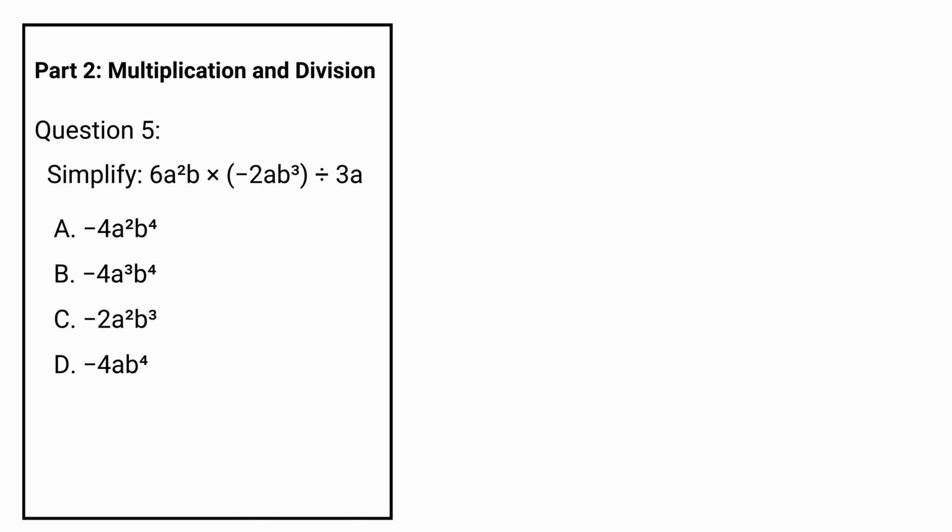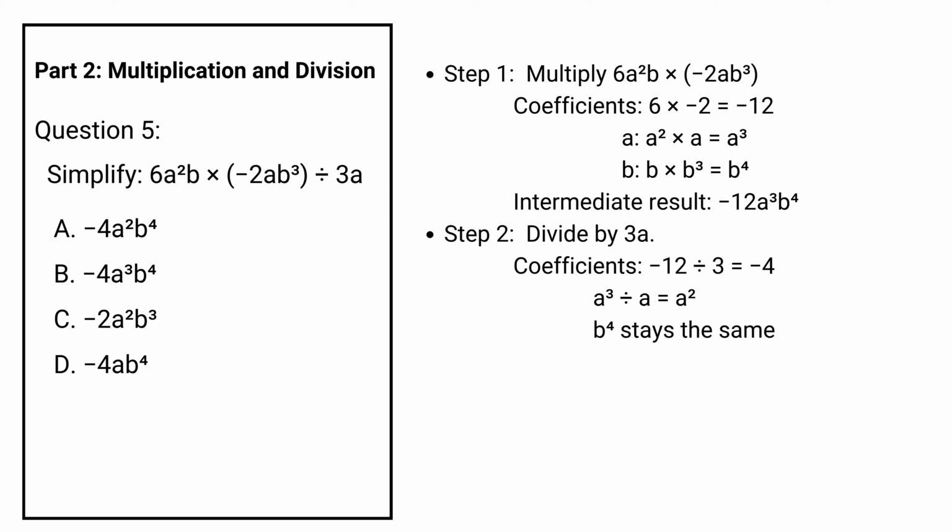Now let's mix multiplication and division. Simplify this one. 6a squared b times negative 2ab cubed, and then divide by 3a. First, multiply. 6 times negative 2 gives negative 12. A squared times a gives a cubed, and b times b cubed gives b to the 4th. So far, we have negative 12a cubed b to the 4th.